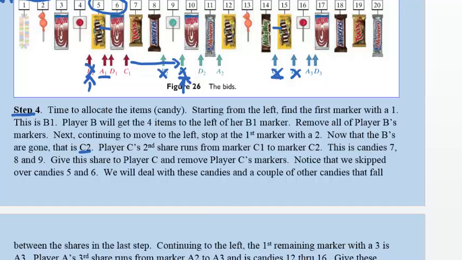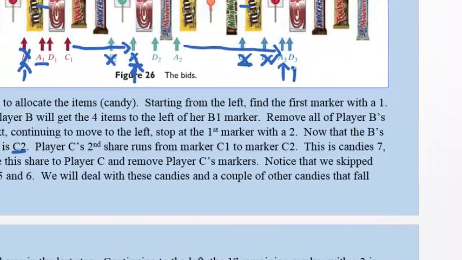Player A's third share runs from marker A2 to A3, and has candies 12 through 16. Give these candies to player A. Only player D is left. Find player D's marker D3 and give player D all of the candies to the right of that marker.